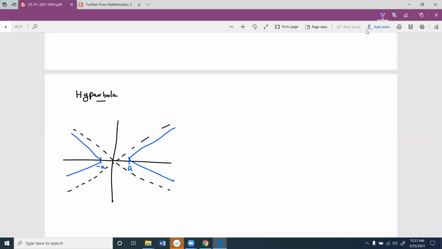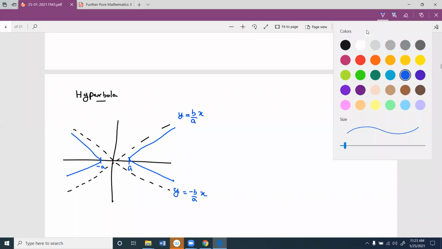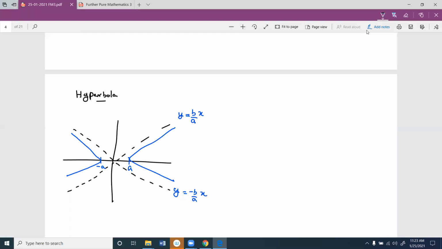Okay, the next part is we need to understand these two lines. These asymptotes have some kind of relationship, that is y equals b over a x. Later on we'll come up with what this b over a is and that stuff. And this is y equals minus b over a x, right? Then we should know the Cartesian equation of this hyperbola.